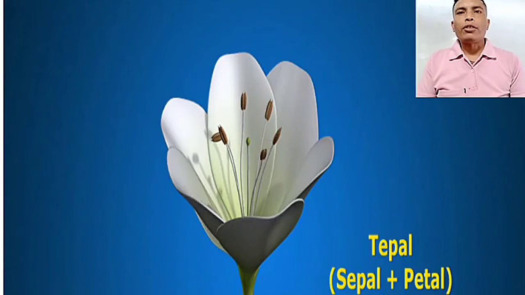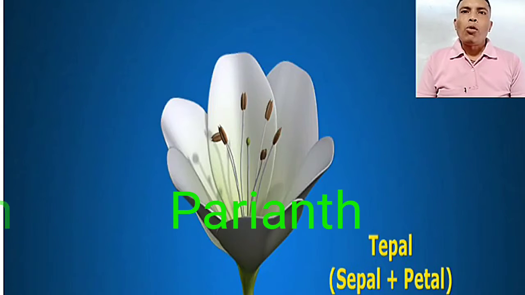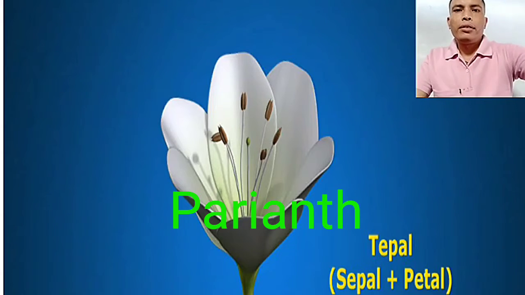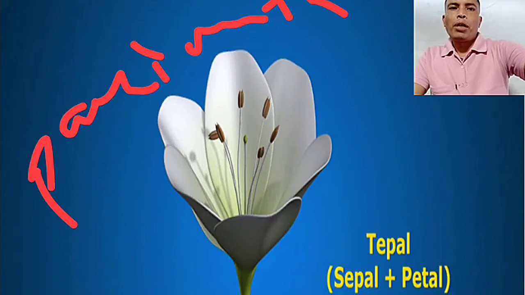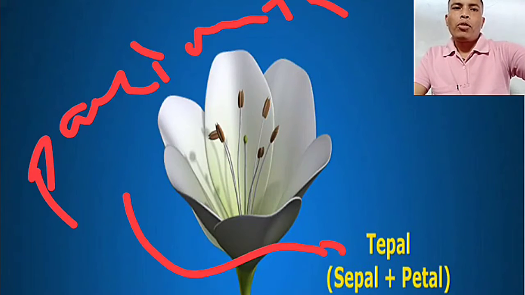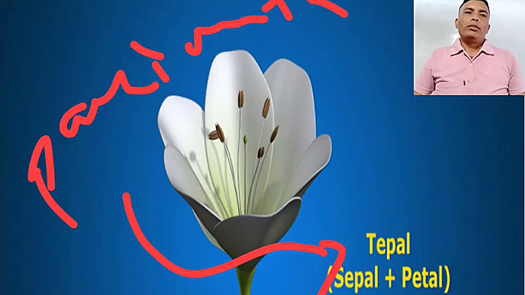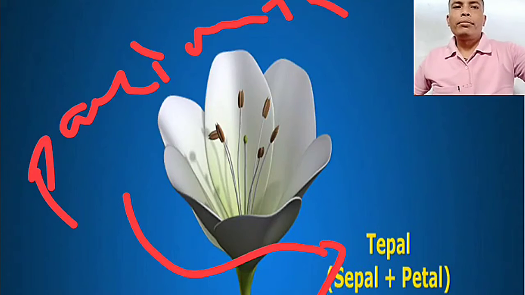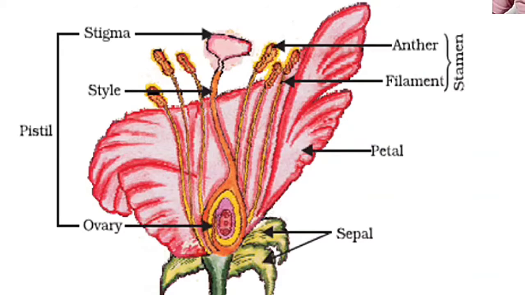If the calyx and the corolla are not differentiated, the whorl is known as a perianth, and the floral parts of the whorl are called tepals. Look here, these are the parts of a flower.